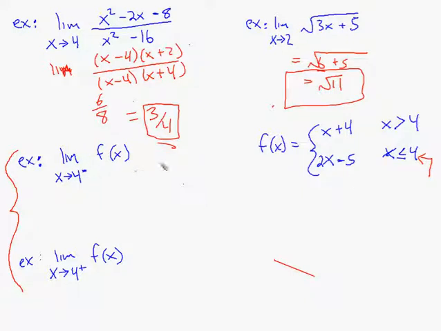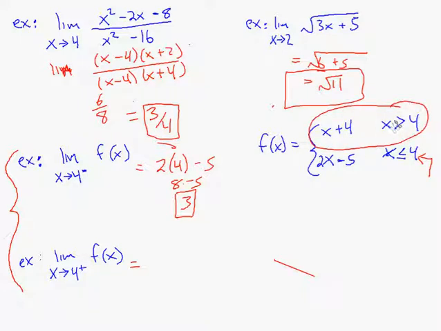Then we have infinite limits. So if I wanted to take the limit as x approaches infinity of, say, 5x squared minus 10x plus 4 all over 2x squared minus 3x minus 8, really it doesn't matter all this extra stuff.